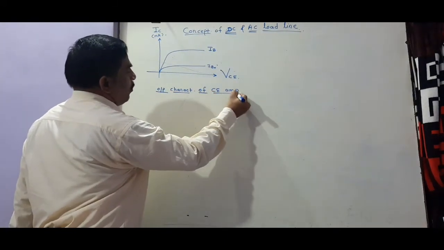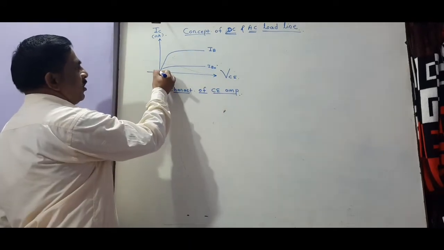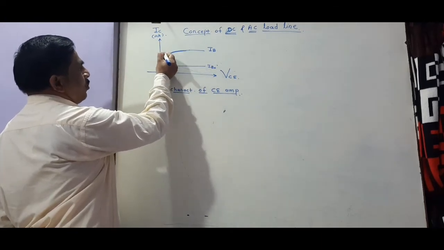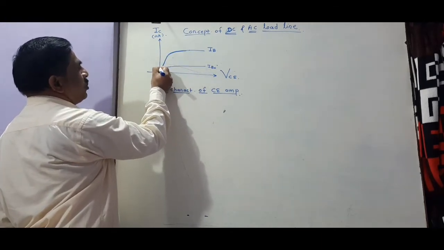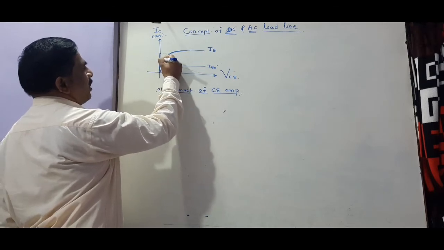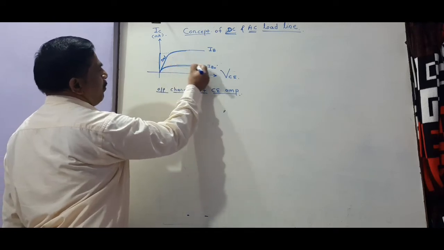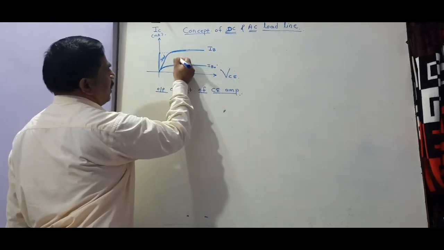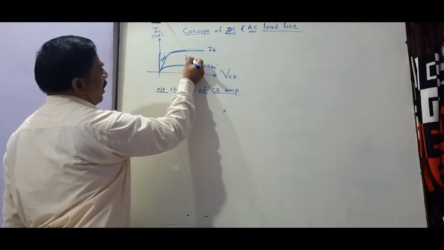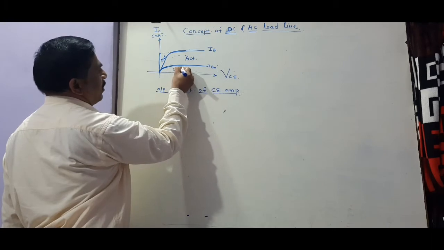In these output characteristics of the common emitter amplifier, there are three operating regions of the BJT. The region shown in the figure is called the saturation region. The region between IB and IB is called the active region, and this region is called the cutoff region.